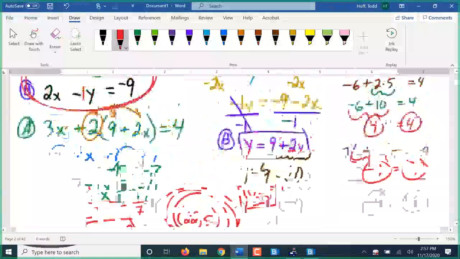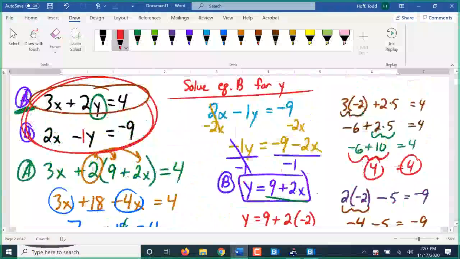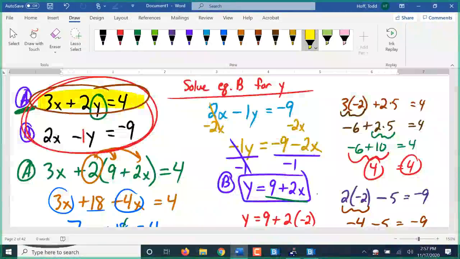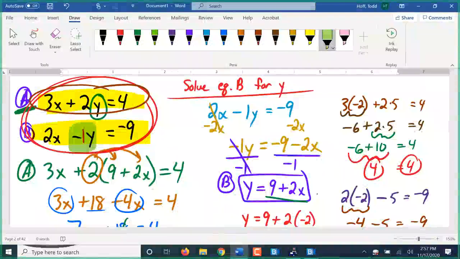Now, one of the things that I need to stress that makes this easier for us is when we start out here, picking the right variable to solve for. Here, we solved for the y in that second equation because it had a coefficient of negative 1. And we knew that dividing by 1 or a negative 1 can never give us a fraction or a decimal. So that gave us simple equations to use.